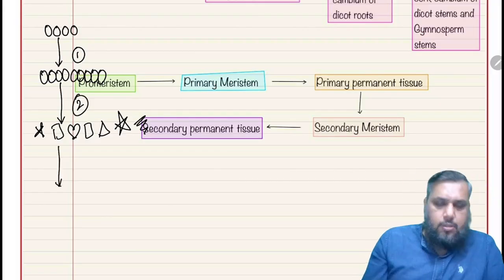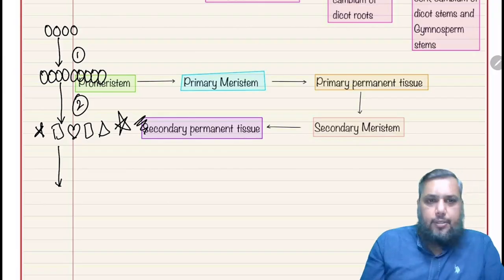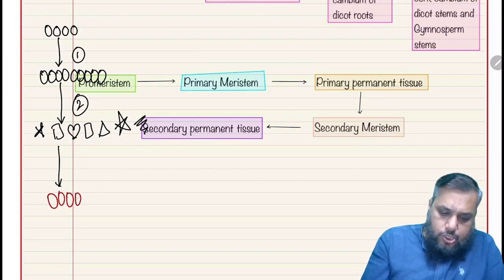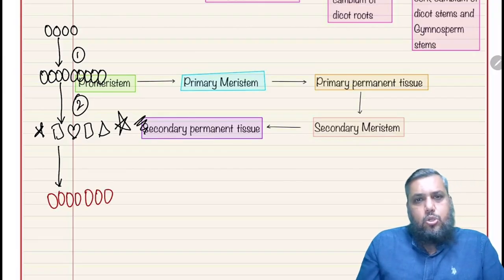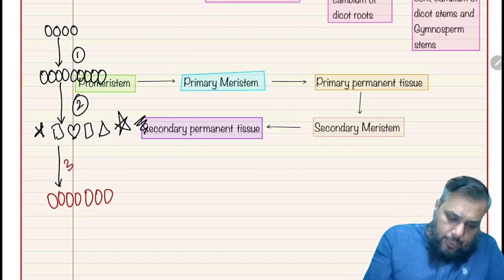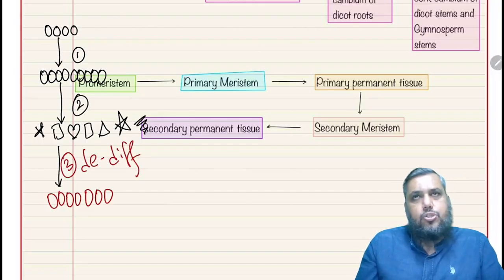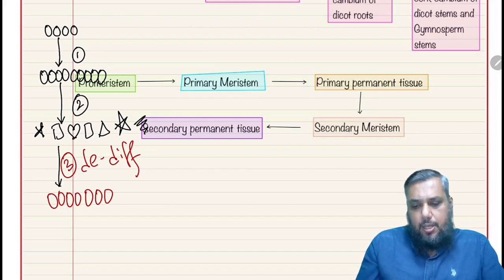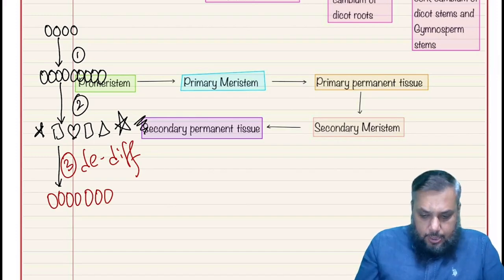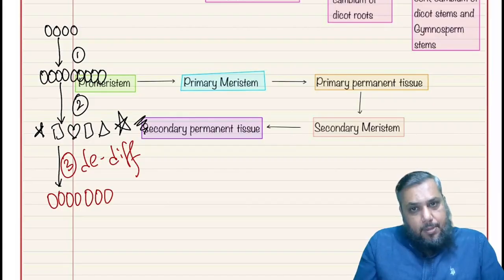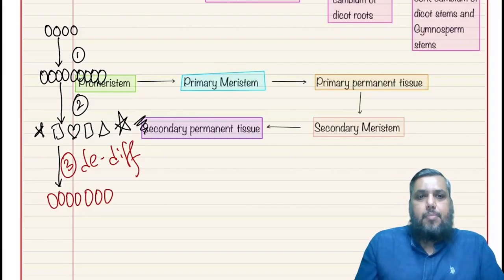Now, some of them regained their ability to undergo cell division again. When a primary permanent tissue starts cell division again, we say it has become de-differentiated. It has lost its differentiation. And such a primary permanent tissue which has become de-differentiated forms a secondary meristem.